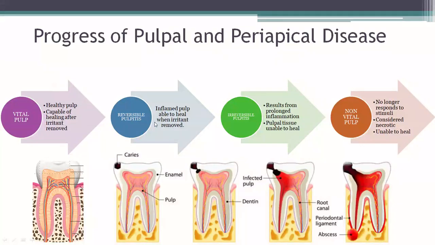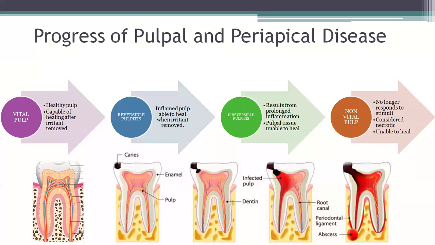Reversible pulpitis is when the pulp is inflamed, but is still able to heal when the irritant is removed. For example, when decay happens in a part of the tooth, if we take care of the decay, the tooth will be able to heal. That's why we place fillings in patients' teeth.